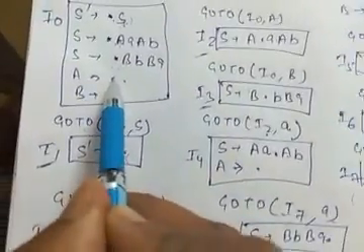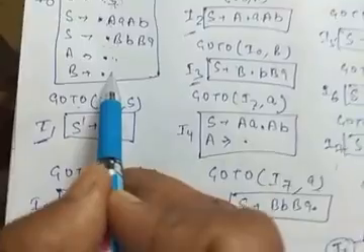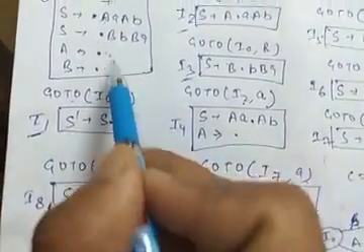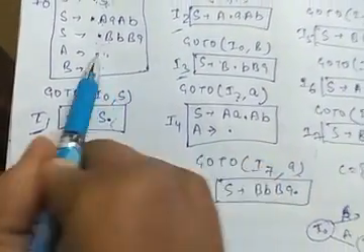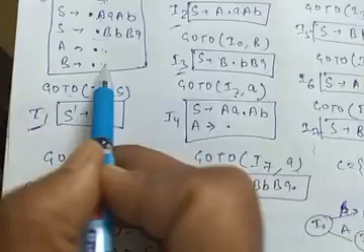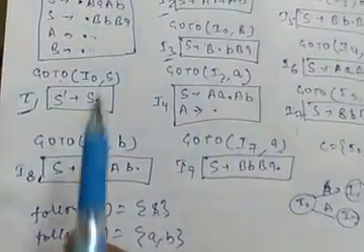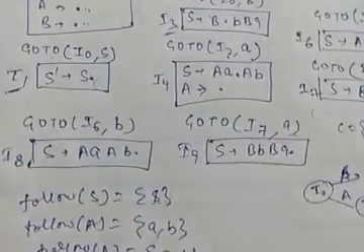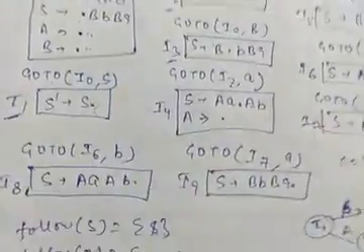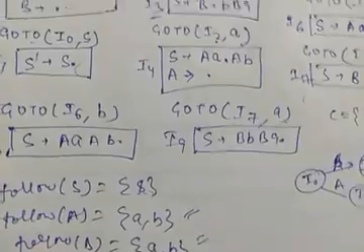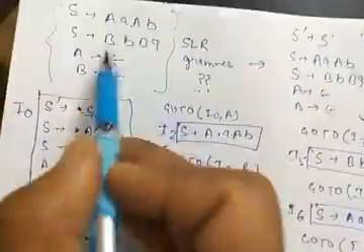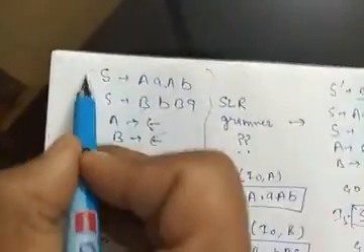Here there is no element after the dot, so we will find the follow of A and put the reduction action. We have calculated the follow of A as a and b, and we have to give the number of that particular production.